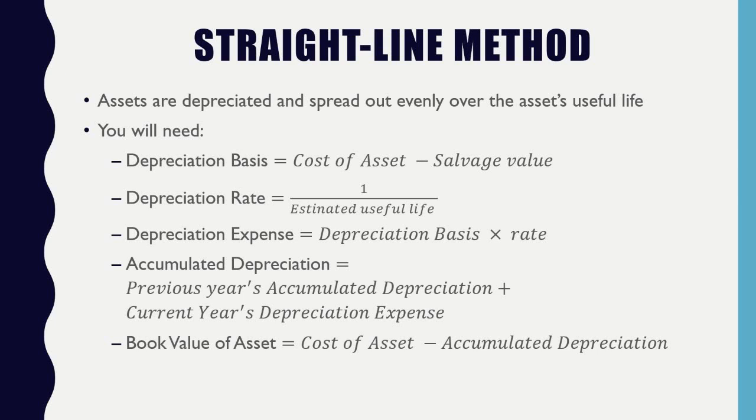And then lastly, book value will always be your cost minus accumulated depreciation. Okay? So, again, we're looking at a kind of hybrid method. We get to look at a portion of units of production and a portion of double declining, and here it's smashed together and here they are.